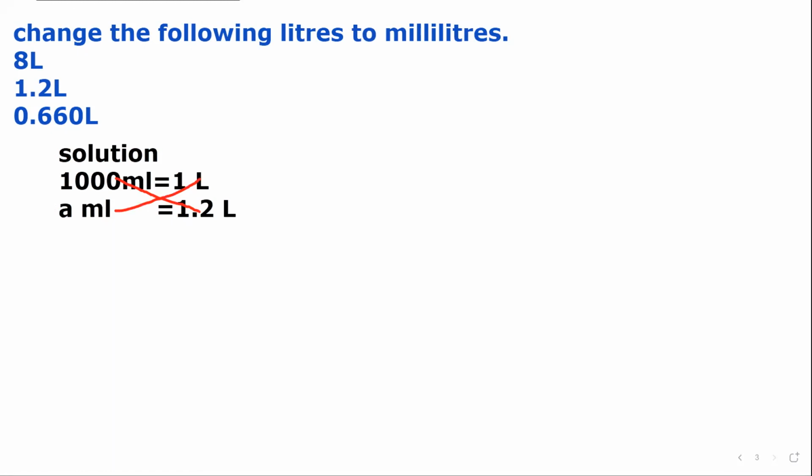Now let's see our linear equation here. We have 1000 multiplying 1.2 equal to A multiplying 1. Because we are multiplying 1000 by 1.2, we don't want to change the 1.2 to common fractions and do our cancellation.